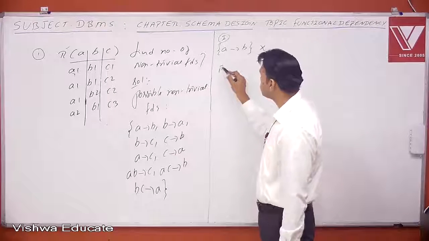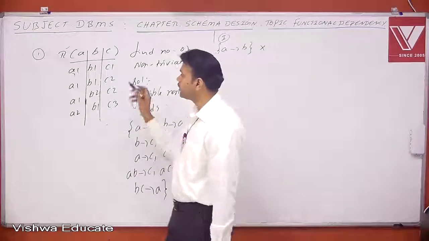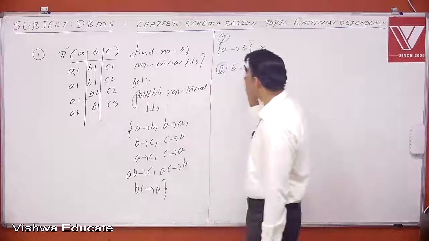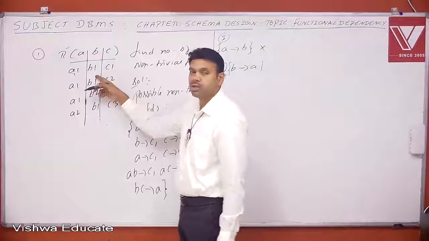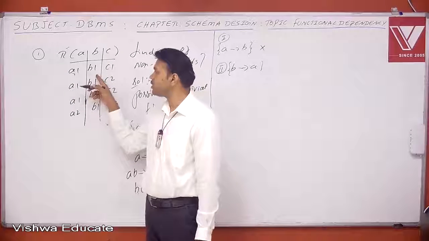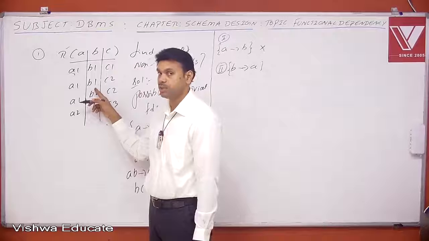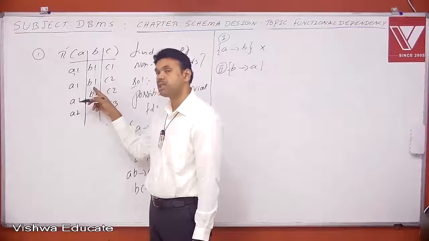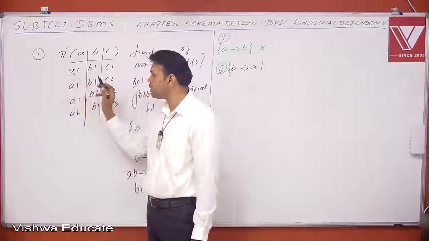And the second one, B to A. B is the determinant and A is the dependent. B1 is unique or redundant? Redundant. So when B1 is redundant, A1 has to come, so it is repeated.